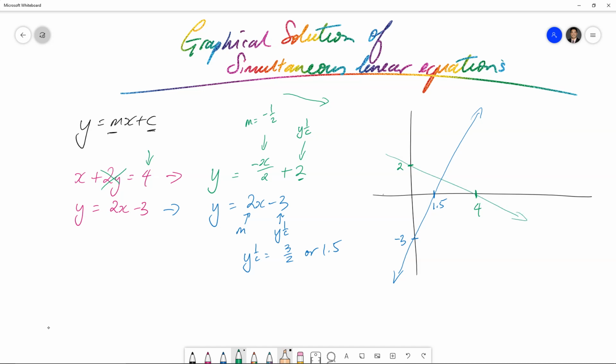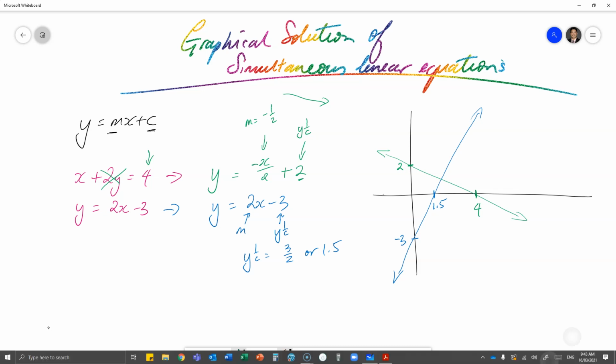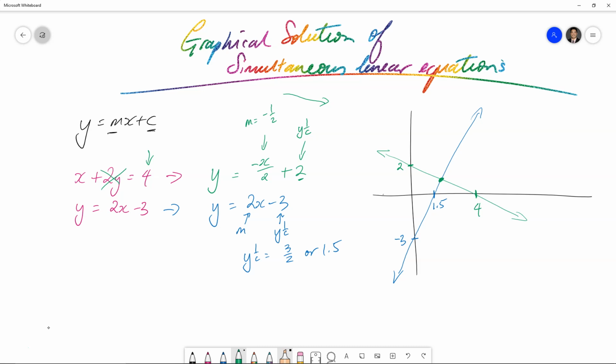This is going to be our other graph. So what we've done, essentially, compared to the previous chapter, is just sketch two linear graphs, but the whole idea of this chapter is we want to work out simultaneous ones, and so that is our point of intersection. We'll work out how to solve that.